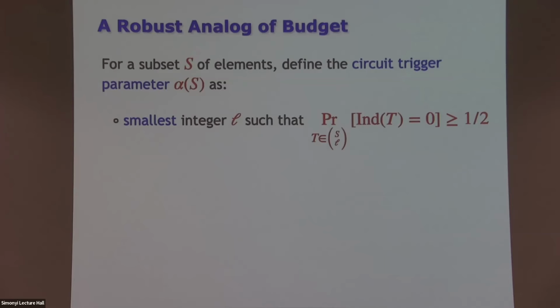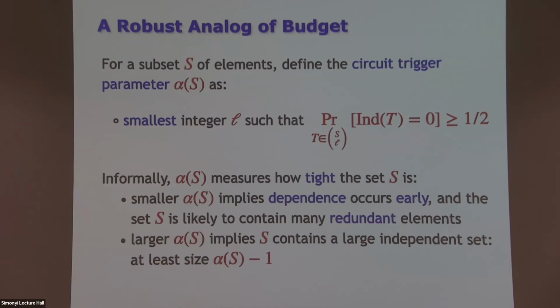Again, for a set S of elements, the circuit trigger parameter, which I denote by alpha of S, is the smallest integer L such that with probability 1/2 over a random sample of L many elements, your sample is dependent. An equivalent way to view it is, when you do this random permutation experiment, what's the median number of samples you have to look at before a dependence arises? What's the first point at which this probability of becoming dependent exceeds 1/2?